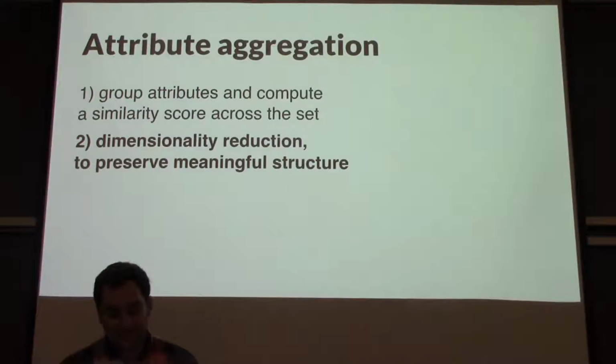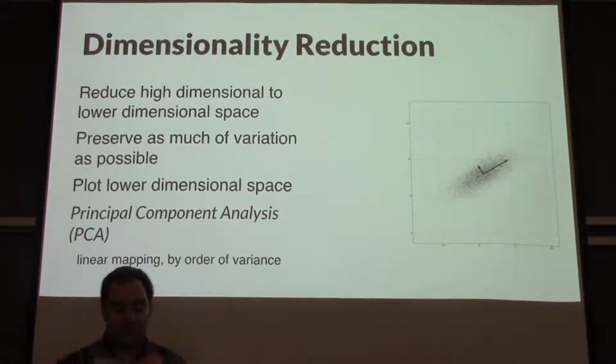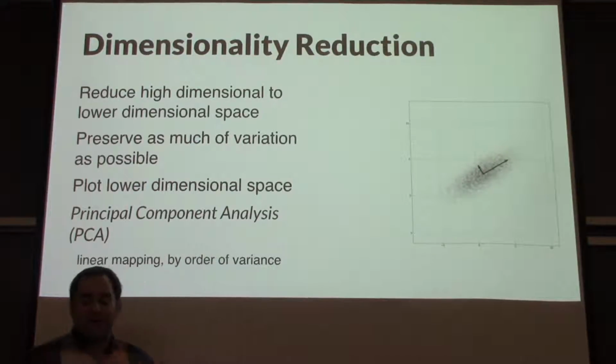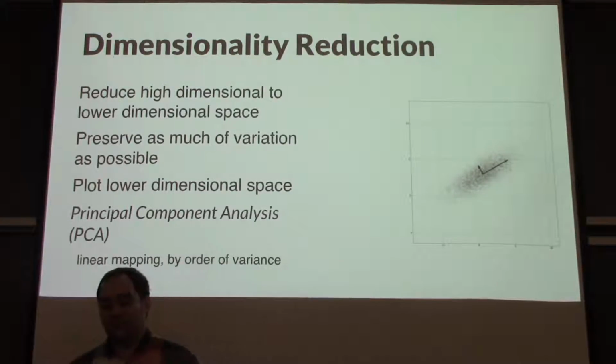And then we talked about dimensionality reduction, especially, first, we started with principal component analysis. And principal component analysis is really the idea of taking a high dimensional space and finding essentially the axis through that space that preserves most of the variance.